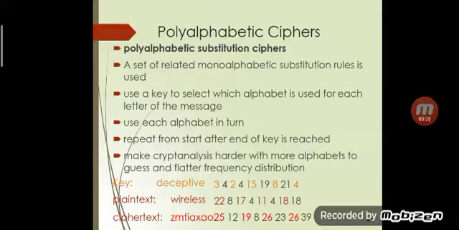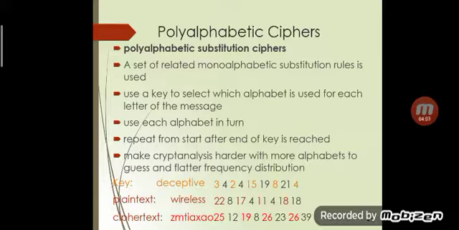So D is replaced with 3, E with 4, C with 2, E again with 4, P with 15, T with 19, I with 8, V with 21, and E with 4.